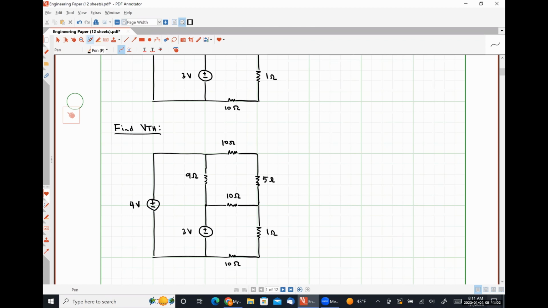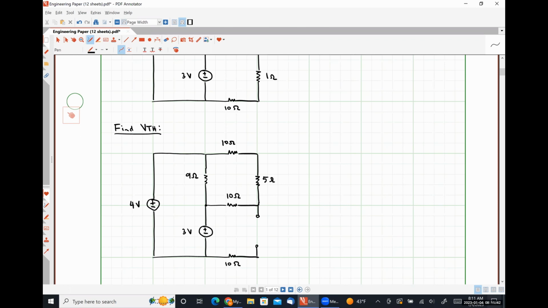So if we're finding the Thevenin equivalent voltage with respect to the 1 ohm resistor, we remove the 1 ohm resistor because we don't want its behavior influencing the equivalent circuit. We're trying to see what the 1 ohm resistor sees. So I take that resistor out, and in doing so, I leave behind a set of terminals. These are the terminals that I'm going to use to find the Thevenin equivalent, okay? My Thevenin equivalent voltage is defined as the open circuit voltage across these terminals, okay?